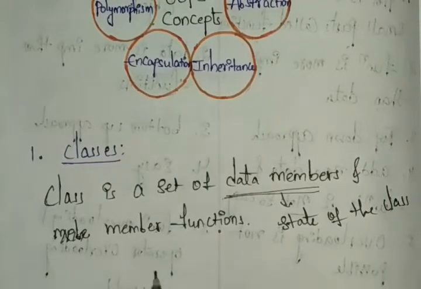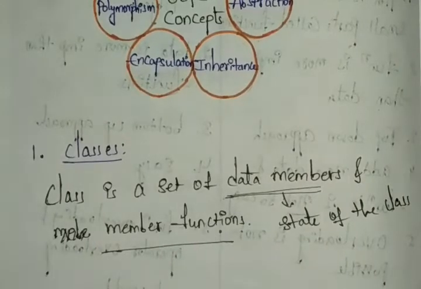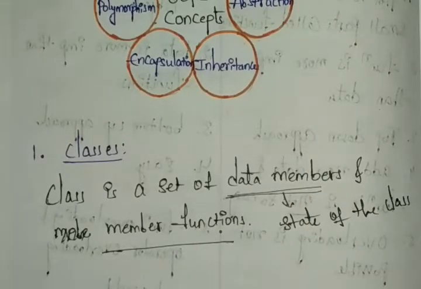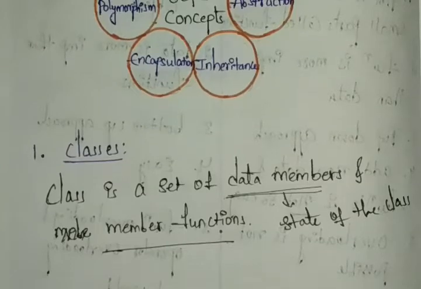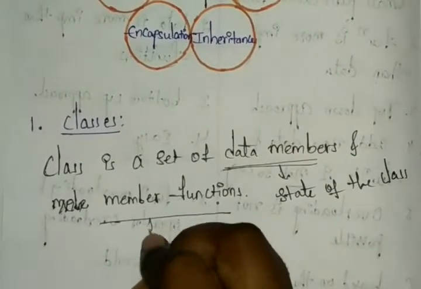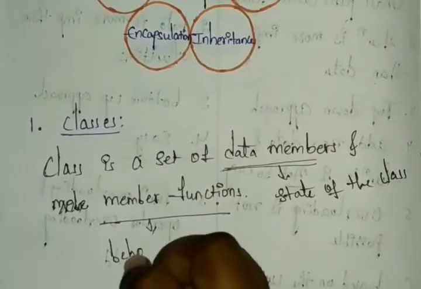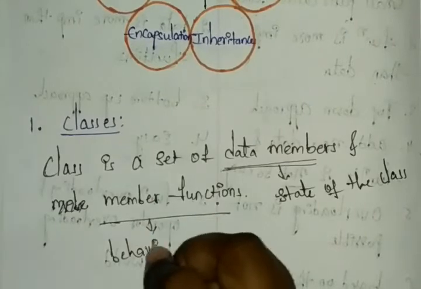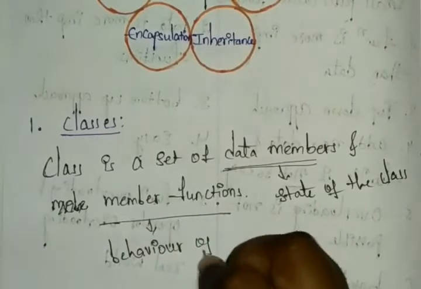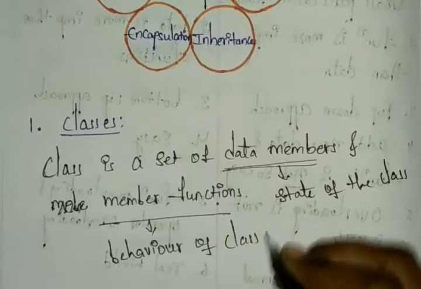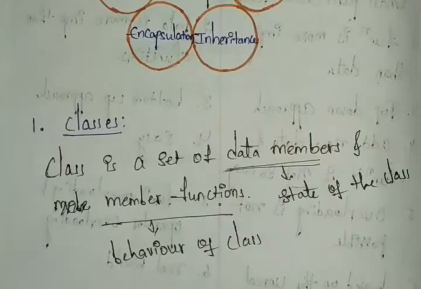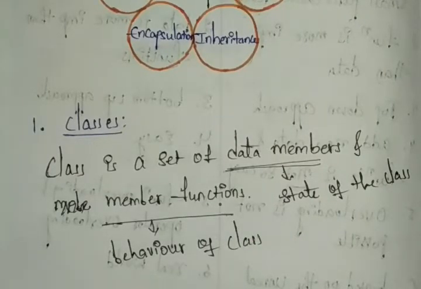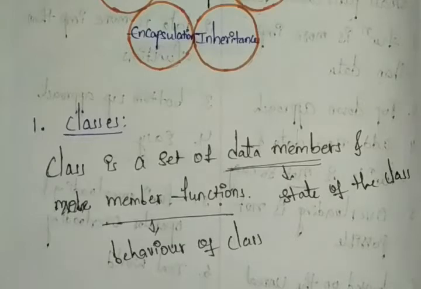And the member functions perform the behavior of the class. They show how the class is behaving whenever you write the program. So data members mean the state of the class, and member functions mean the behavior of the class.